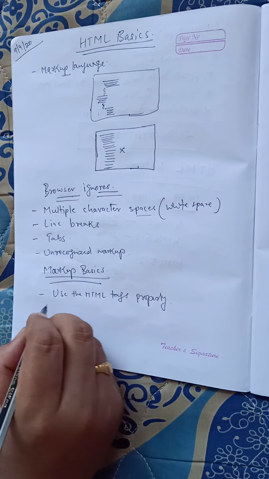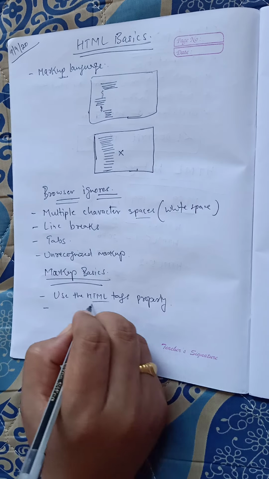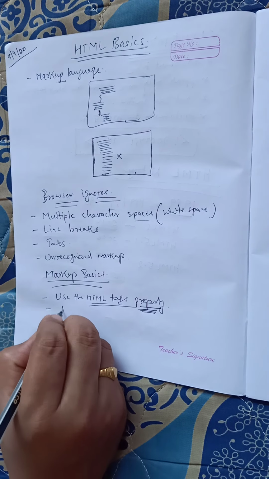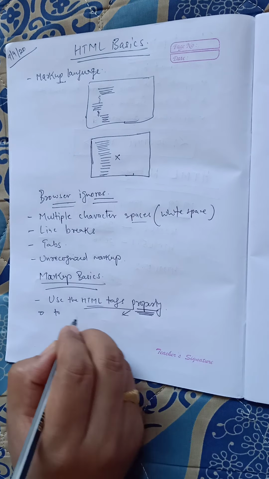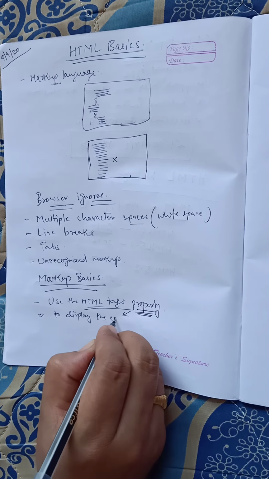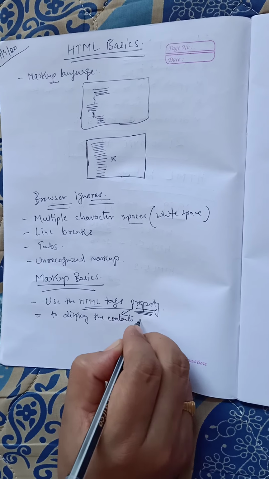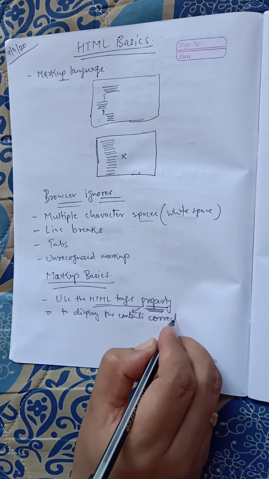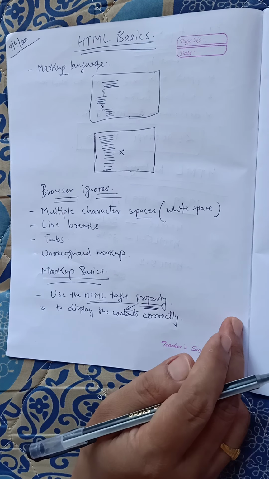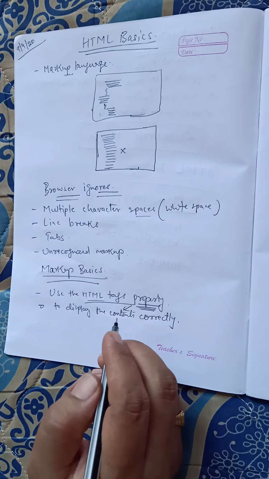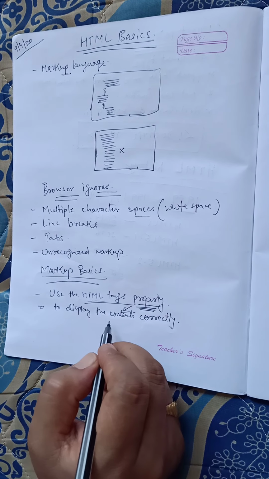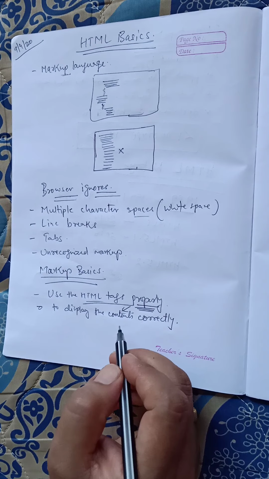Why do browsers need that? Why is it required? Why is doing it properly required? This is required to display the contents correctly. Okay, so the markup makes the content elements, whatever we are writing, available to scripts and style rules.